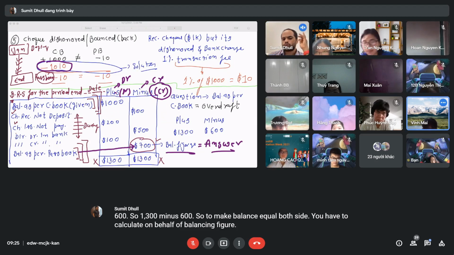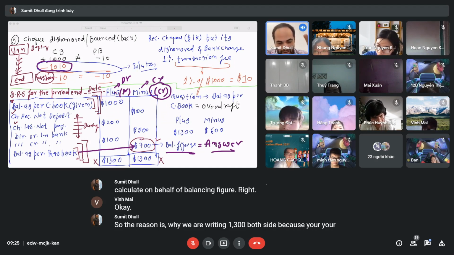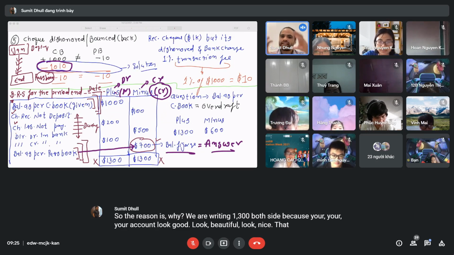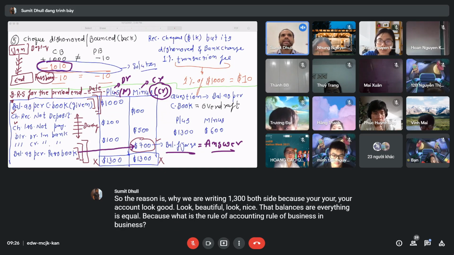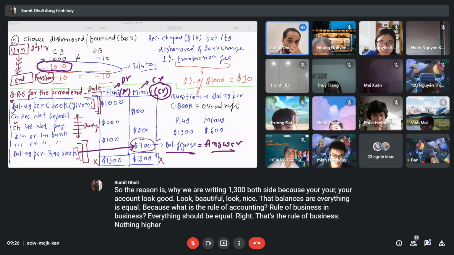Right? The reason we are writing 1,300 on both sides is so that your account looks good, looks beautiful, looks nice, balanced, and everything is equal. Because what is the rule of accounting, the rule of business? In business, everything should be equal. Nothing higher, nothing lower.